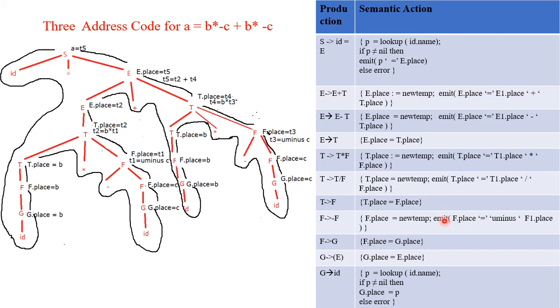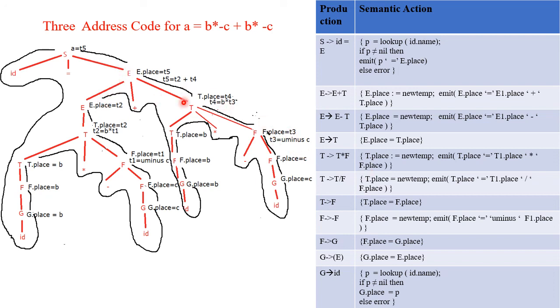Then emit T3 is equal to unary minus F1.place, and F1.place is C. So we got T3 is equal to unary minus C. Here T gives T star F. We have to create a new temporary variable T4, and T4 is equal to the first operand T1.place, which is B, and the second operand F.place, which is T3.